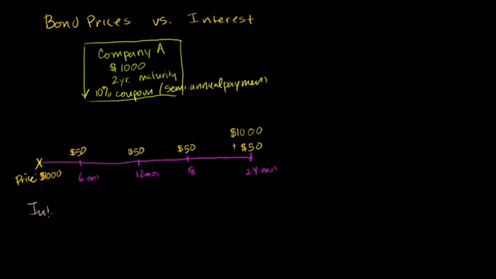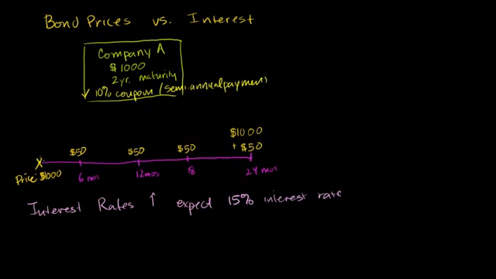So let's say interest rates go up, in such a way that for this type of company, for this type of risk, you could go out in the market and get a 15% coupon. So for this type of risk, you would now expect a 15% interest rate. Obviously, for something less risky, you would expect less interest. But for a company just like Company A, you would now expect a 15% interest rate. So interest rates have gone up.